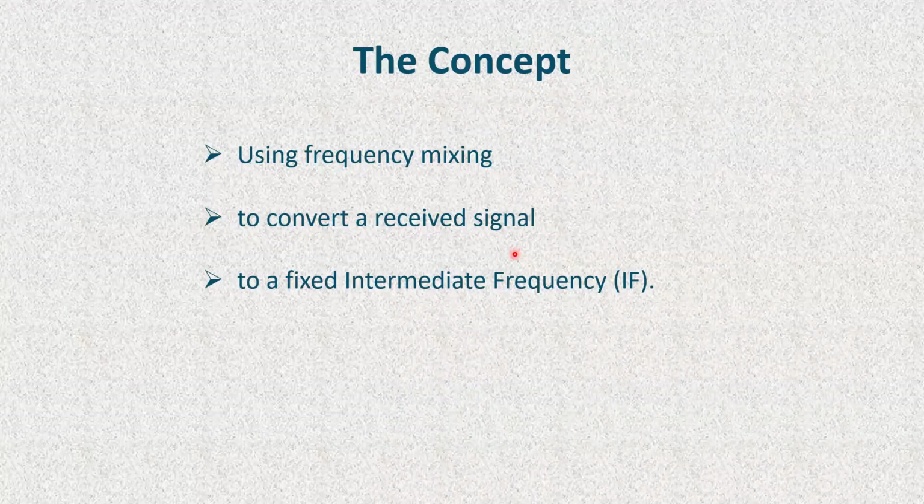Right? So again, it's using frequency mixing to convert a received signal that's coming from the air to something else that's an intermediate frequency. So we are something like translating one frequency into another.